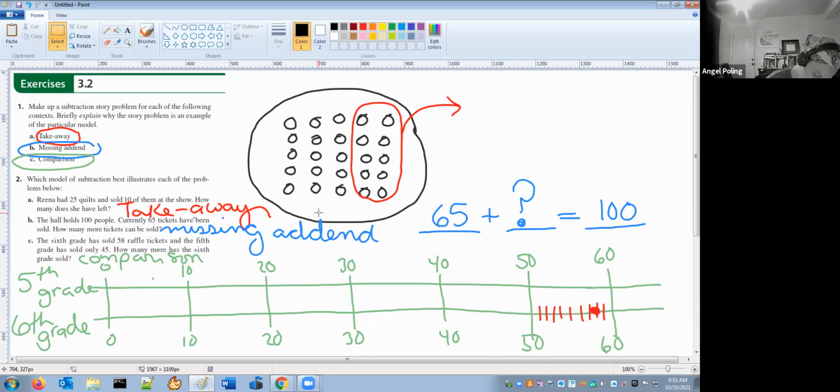So we have this distance for the 6th grade. And now for the 5th grade, we have 1, 2, 3, 4. 1, 2, 3, 4. We have the 5th grade here.